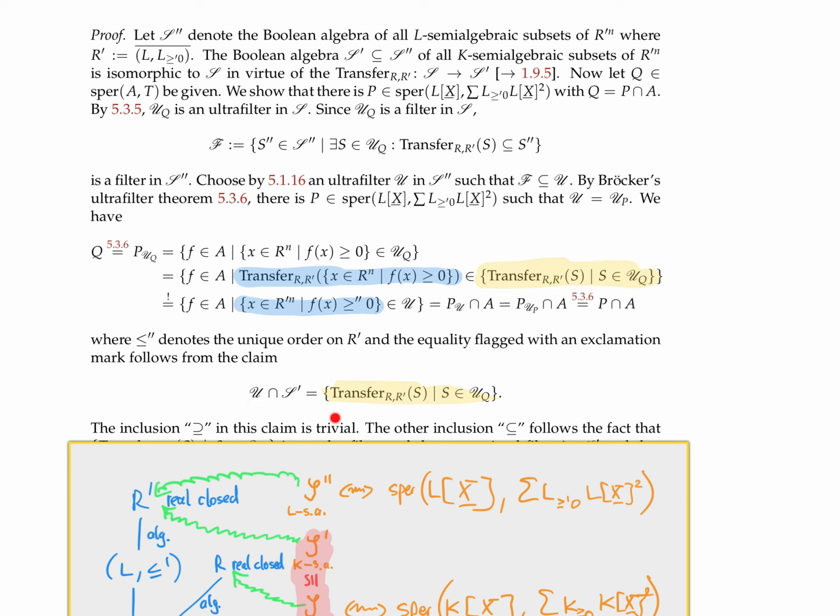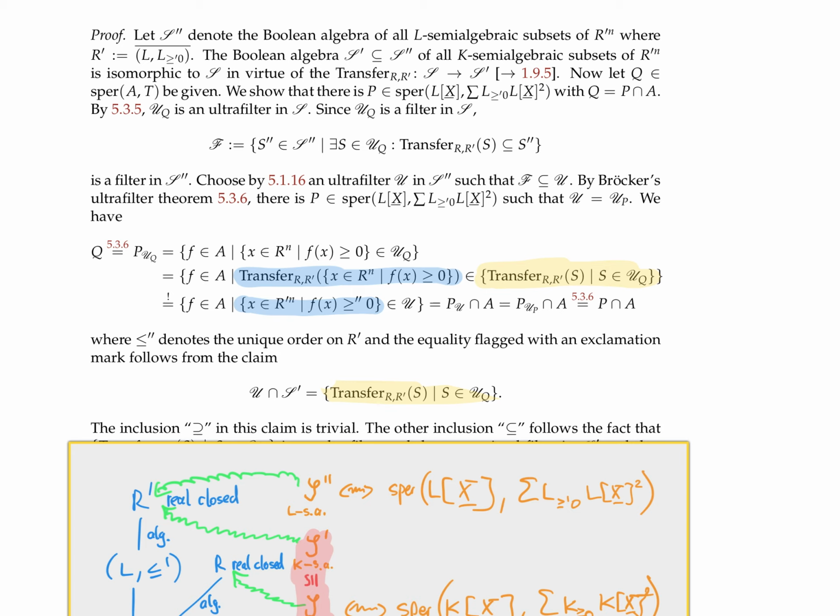Because for each such transfer, if you have a transfer of some S here, then you can choose the same S here, and this is actually satisfied with equality here, right? Good, so that's trivial.